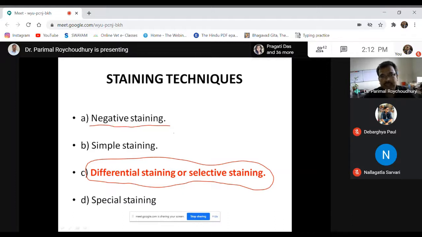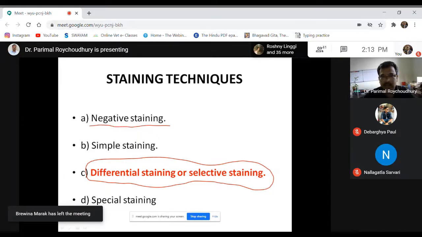Basically, to understand the arrangement and the shape, whether it is a coccus, whether it is bacilli, whether it is in chain or cluster. These things we can identify by simple staining. But as you know, simple staining cannot tell whether it is gram-positive or gram-negative. For that, we have to go for differential staining, sometimes also called selective staining.